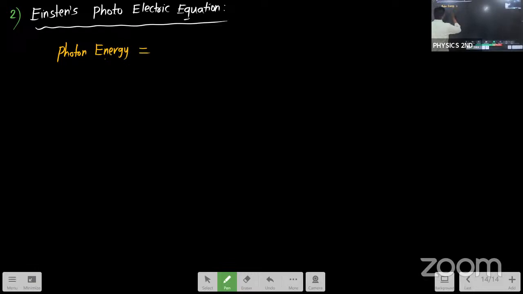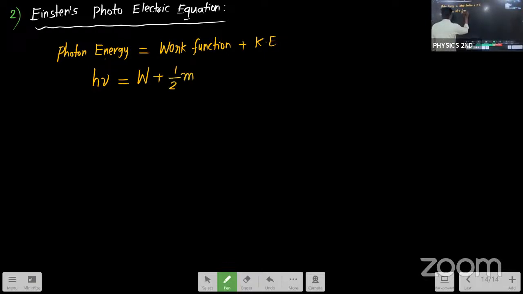Photon energy is equal to work function plus kinetic energy. Or you can also write the energy of a photon: E is equal to h nu is equal to work function, I'm writing it as W, plus the kinetic energy, which is 1/2 mv square.